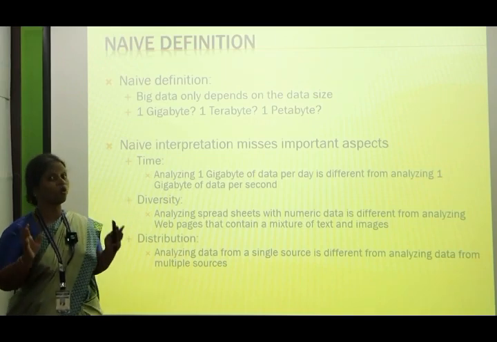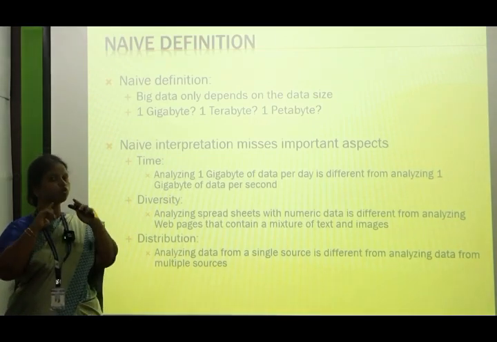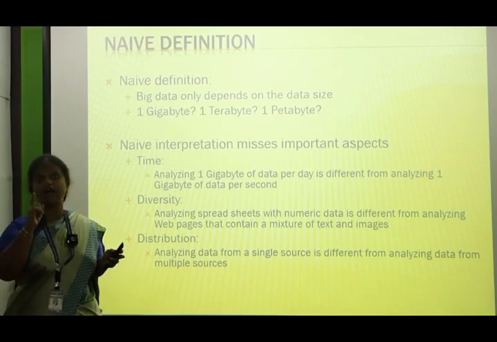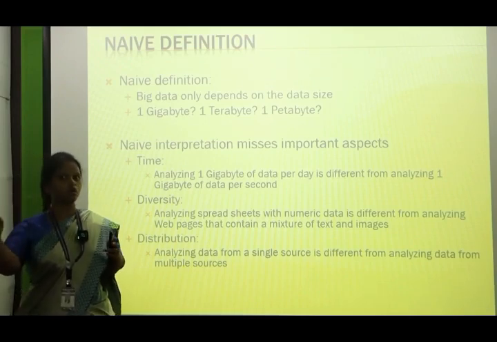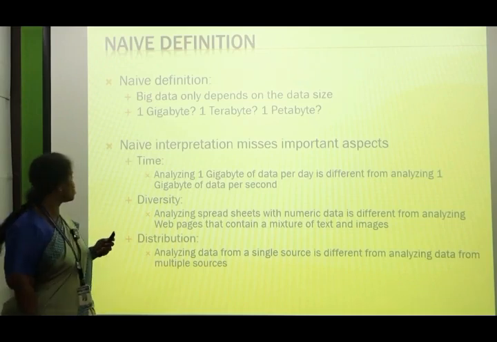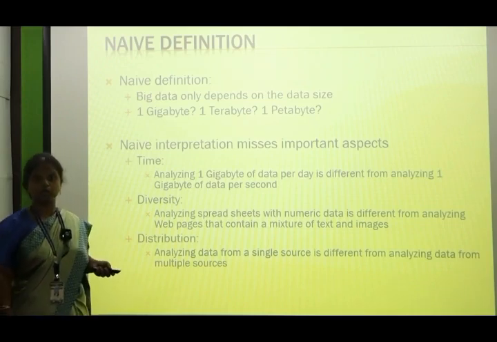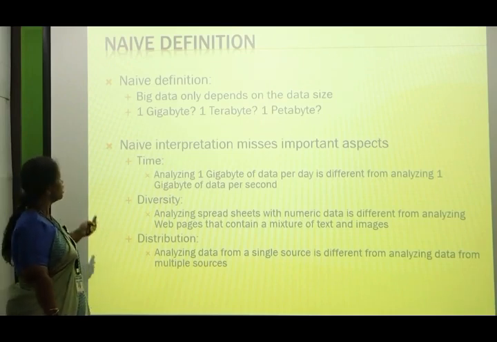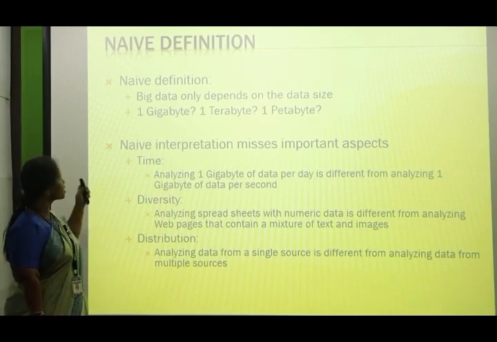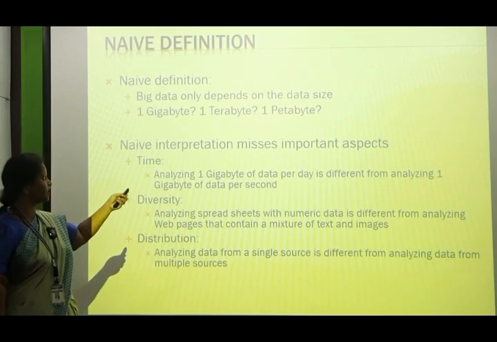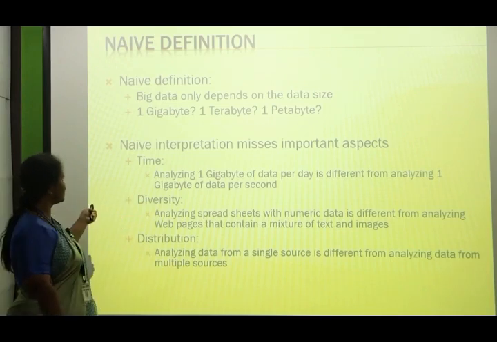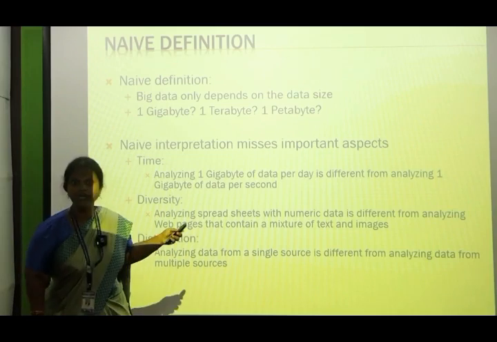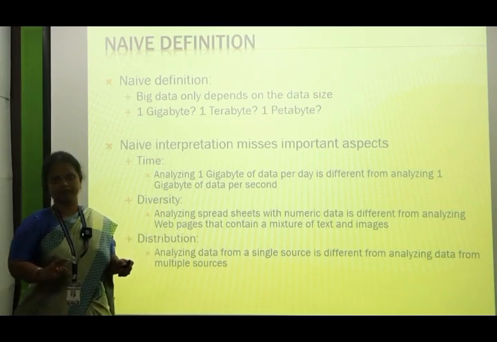It is not only the volume or the size of data we have to take into account when we call it big data. It has to consider these constraints as well, that is time, diversity and distribution. For example, taking time, analyzing 1 gigabyte of data per day is different from analyzing 1 gigabyte of data per second, right?